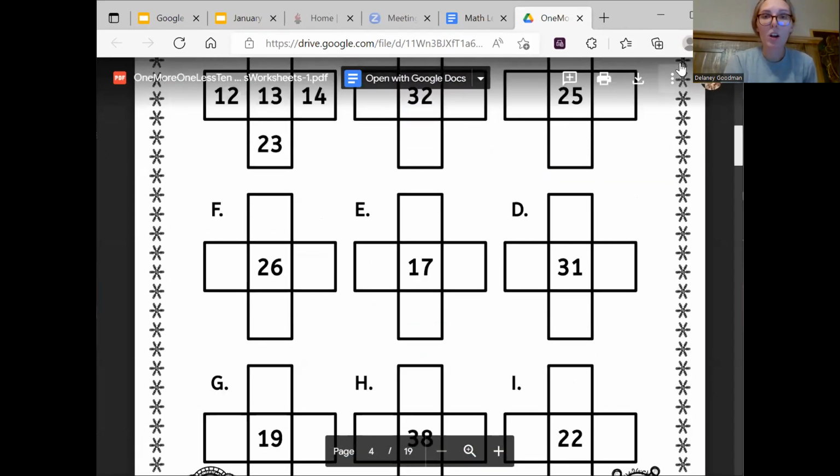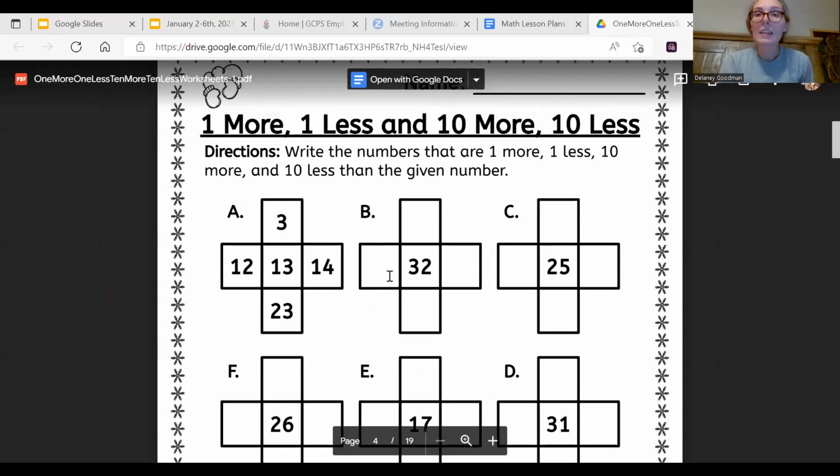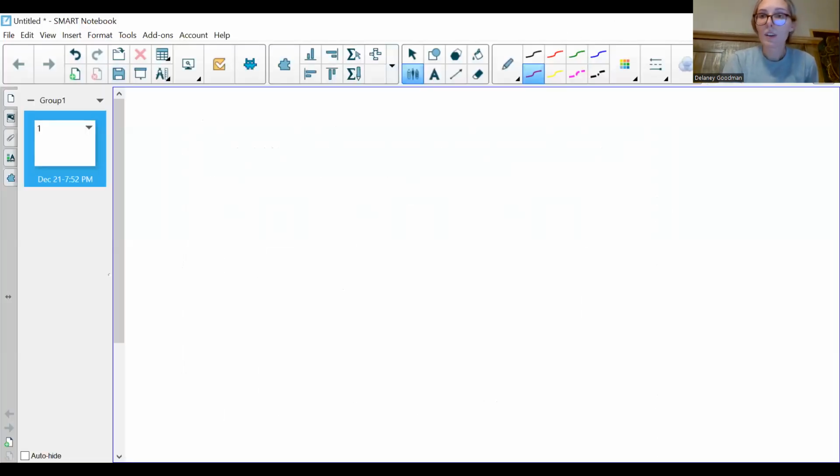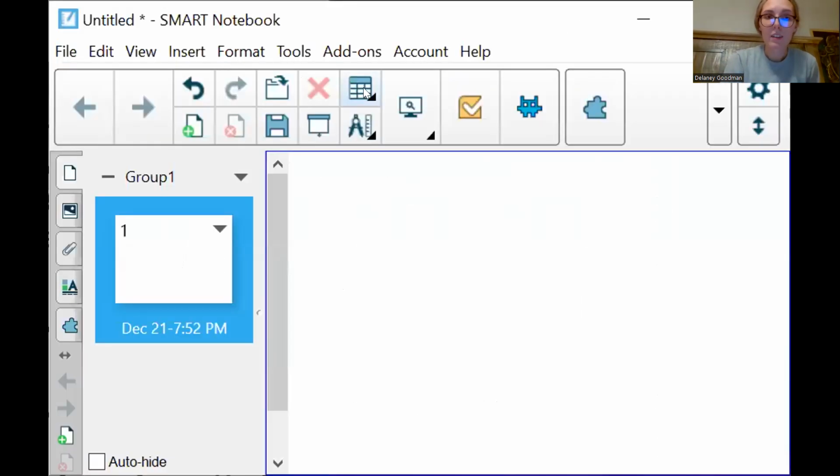All right, you're going to work on this page right here. What it is asking you to do, I'm going to show you an example, okay? So, on this, it has 5 boxes, okay?